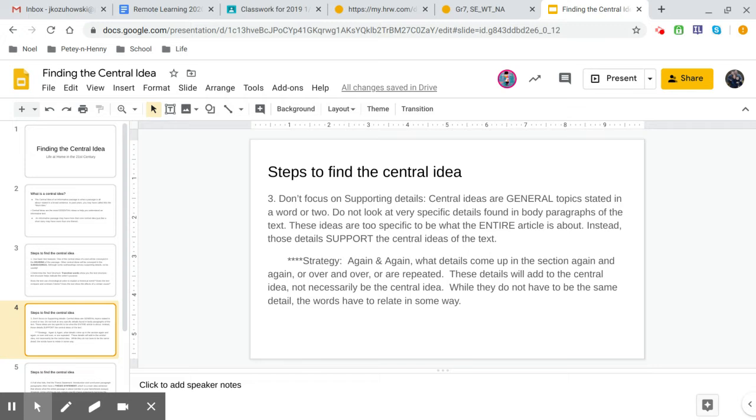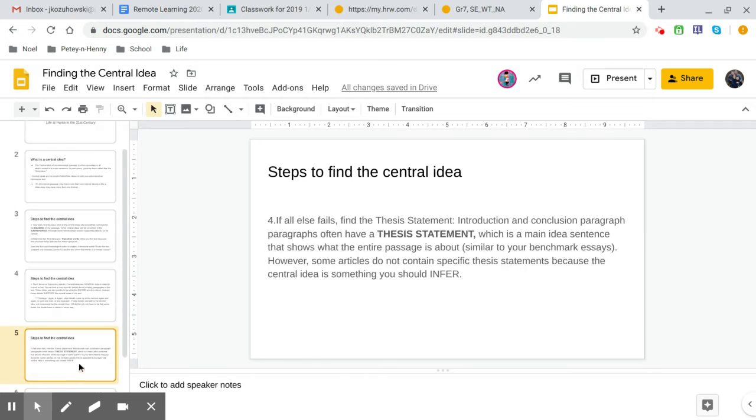What comes up again and again? What details in that section are coming up over and over or are repeated? Again, these details are not necessarily the central idea, right? But they will help you determine or make an inference on what the central idea is.